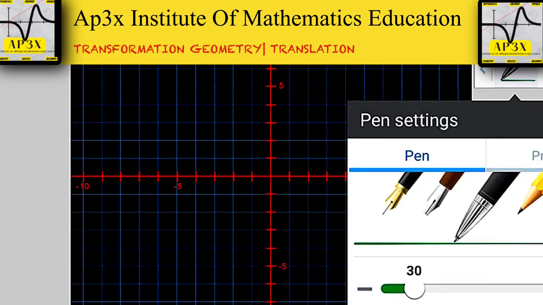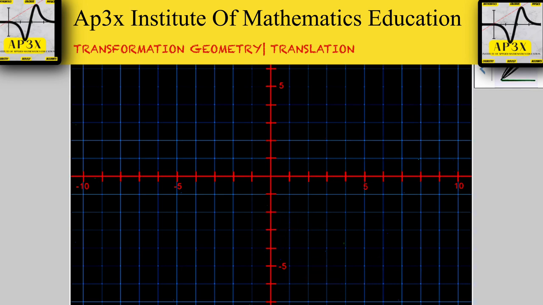Let's use green. All right. So given that the triangle ABC has coordinate values A (-2, -1), B (-3, 3), and C (3, 1), undergoes yet again a translation by the vector (-1, 5).